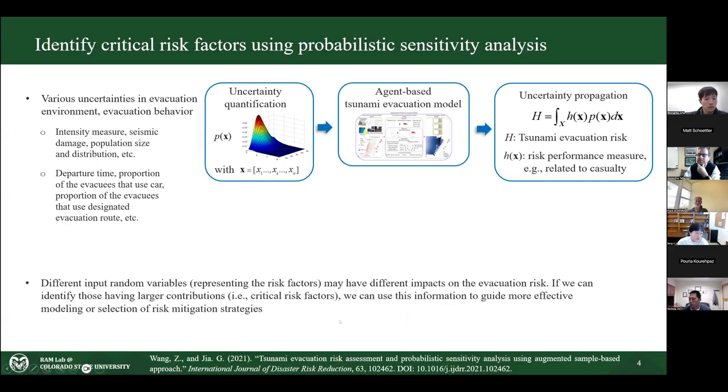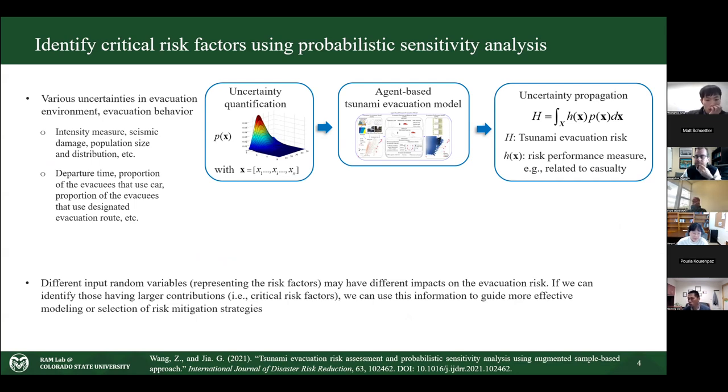And we know that for these different uncertainties, we can represent them with random variables, and as expected, different inputs may have different impacts on the evacuation risk that we are interested in, right? So here, what we're interested in is if we can identify those having higher or larger contribution, so-called critical risk factors, then we can use this information to guide either our modeling, or more importantly, guide the selection of some of the risk mitigation strategy, right?